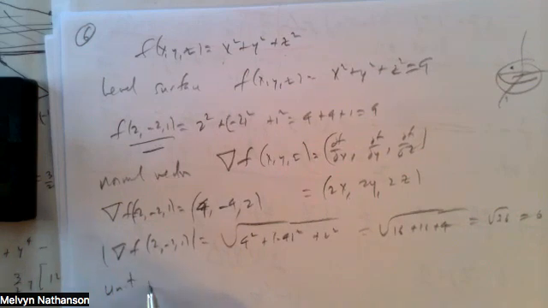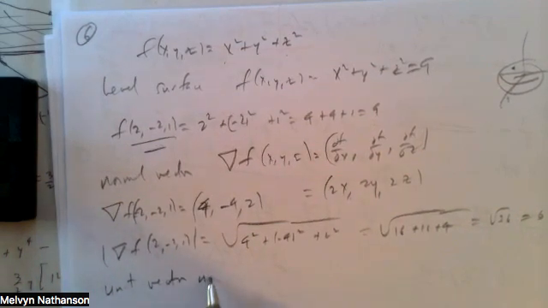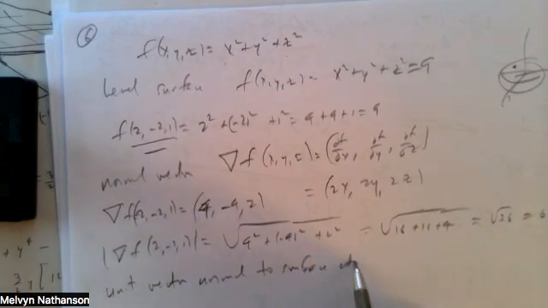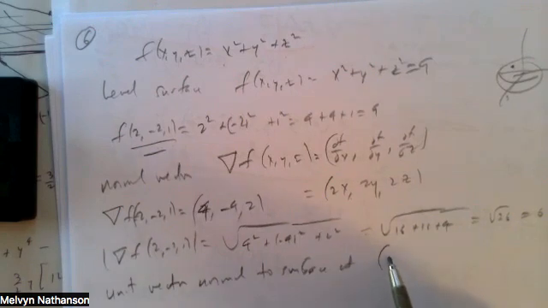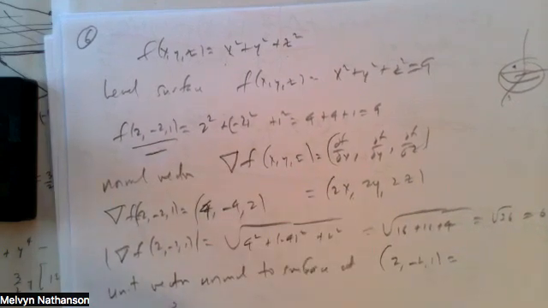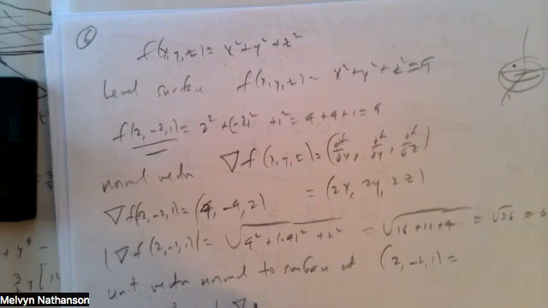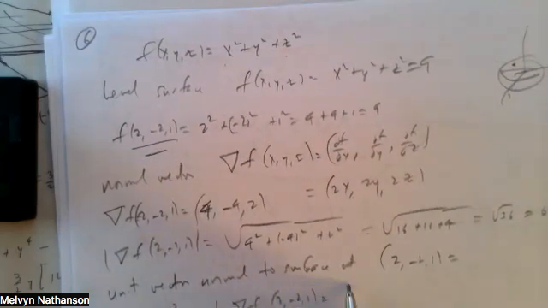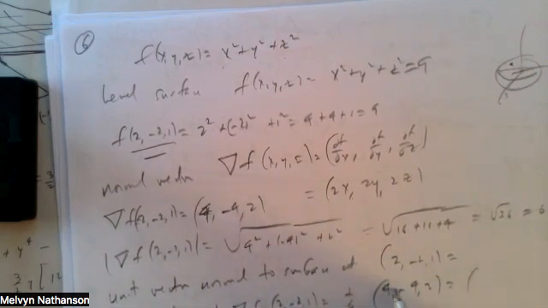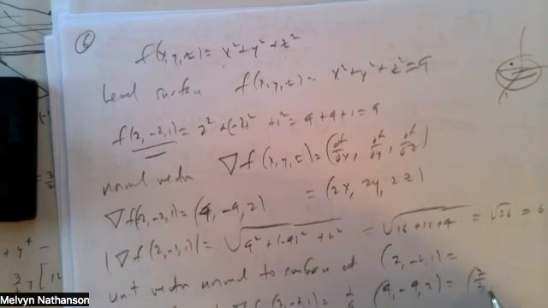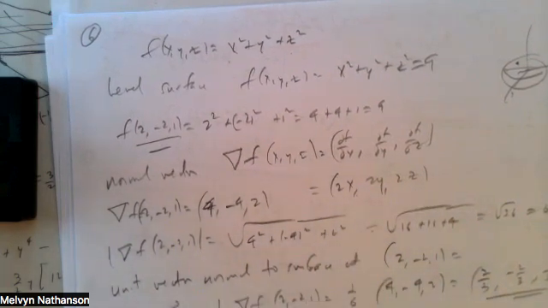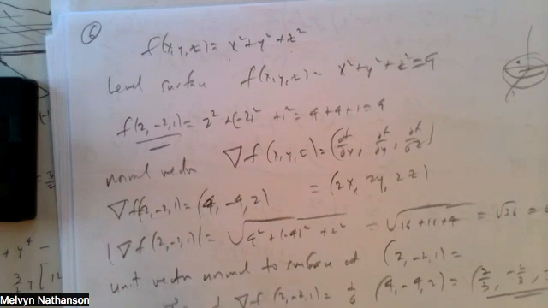So a unit vector normal to the surface at the point 2, minus 2, 1 is the vector u, which is 1/6 times the gradient, or 1/6 times the vector 4, minus 4, 2, which is scalar multiplication. This is 2/3, minus 2/3, 1/3. So this is a unit vector normal to the surface.